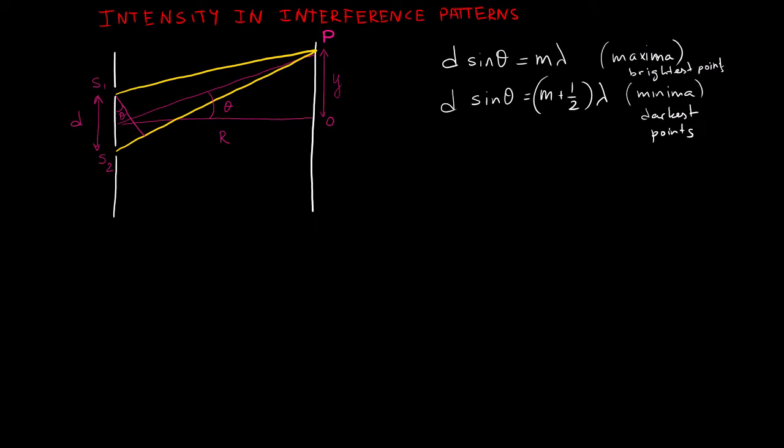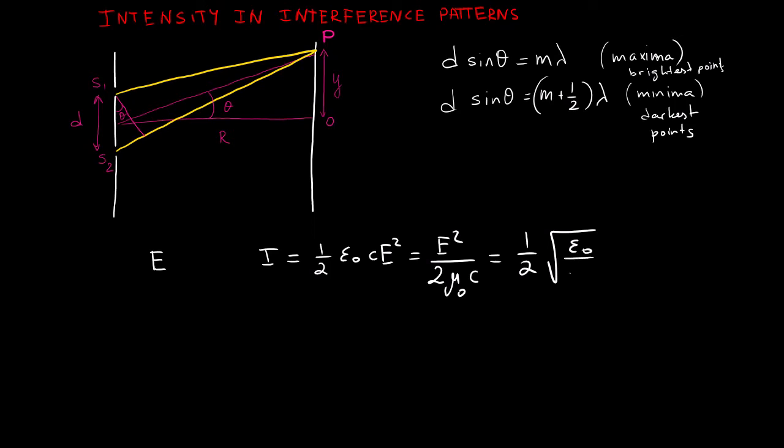So if we assume that the two sources have the same amplitude E and the same polarization, then we can write intensity equals 1/2 epsilon naught c E squared, that we learned earlier, or it could be written as E squared over 2 mu naught c, or it equals 1/2 square root of epsilon naught over mu naught E squared.